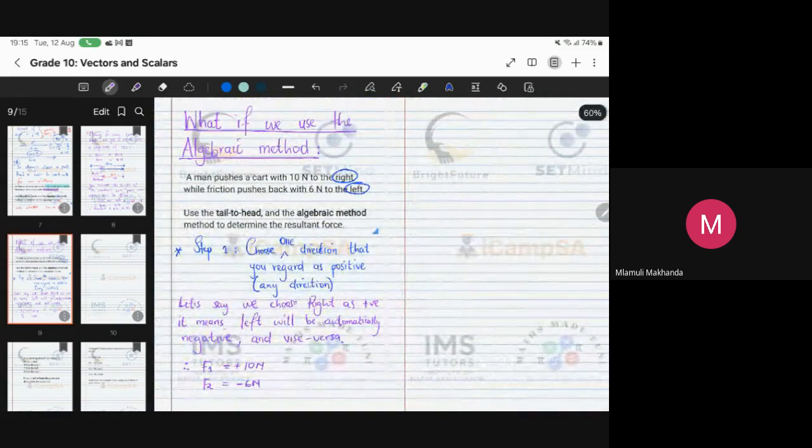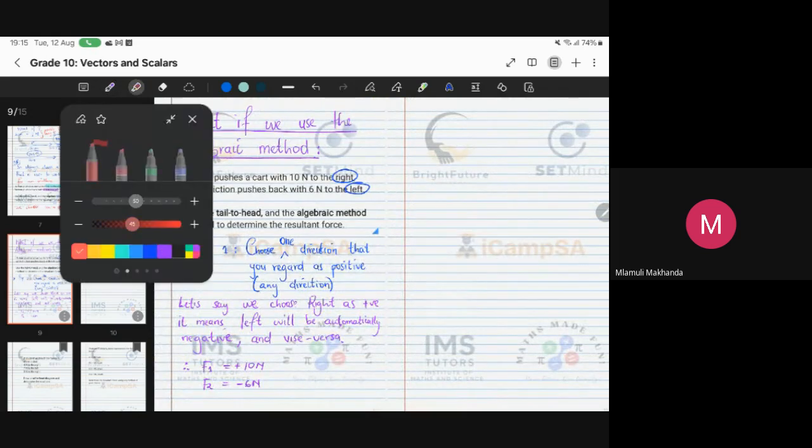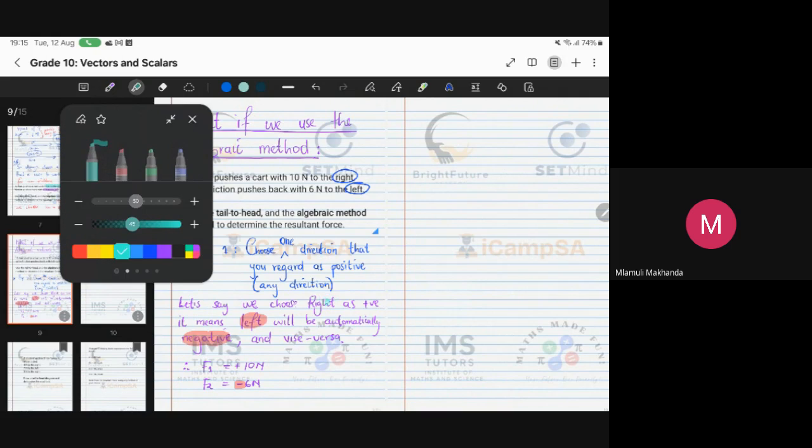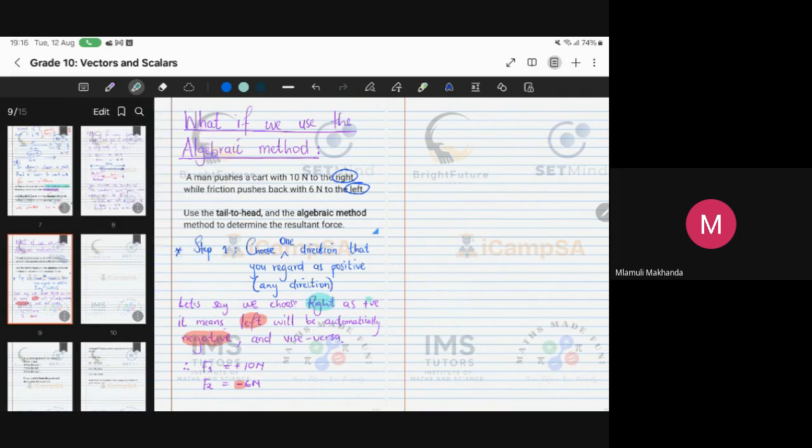Right, notice the signs. See that? That is negative because we said left is negative, while right is positive. Therefore, that is positive.